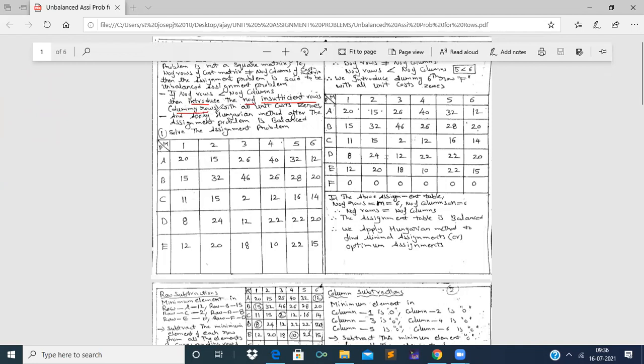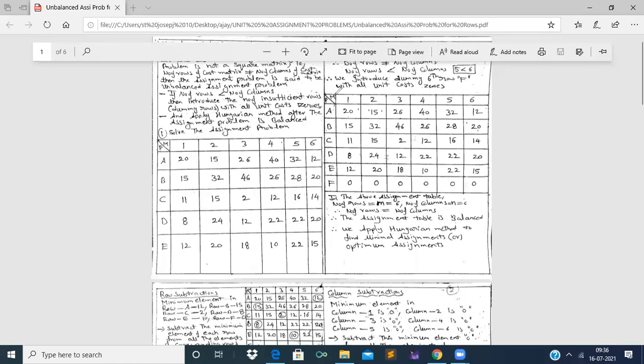We call those rows which are introduced dummy rows or duplicate rows, with all unit costs zeros. After that, the unbalanced assignment problem will be balanced, and we have to apply the Hungarian method after the assignment problem is balanced. So it is the procedure of solving an unbalanced assignment problem.